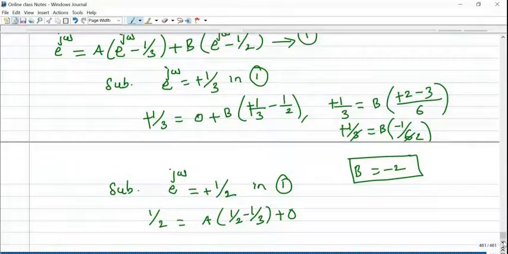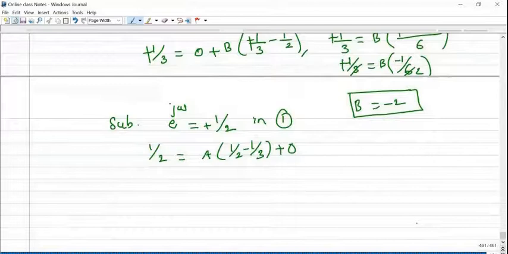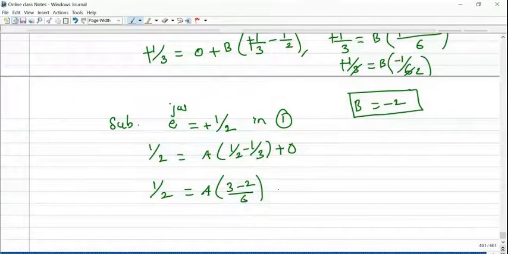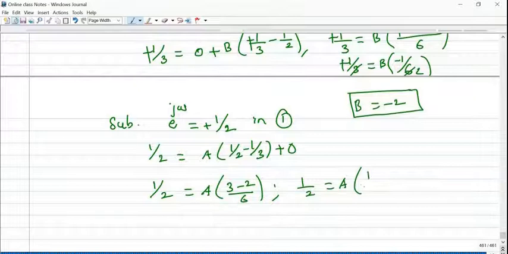Now find out the value for a. 1 by 2 equal to a times of 3 minus 2 divided by 6. So 1 by 2 equal to a times of 1 by 6. So a value 3.